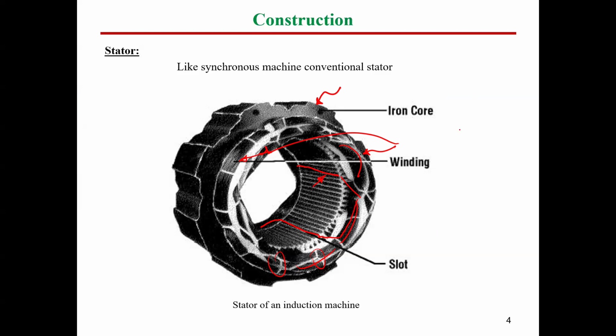Again, the windings are shifted by 120 degrees in slots to have an electrical phase shift of 120 degrees, because this is going to be supplied by a three-phase, 120 degrees phase shift supply. So this is the first major part in our induction motor.